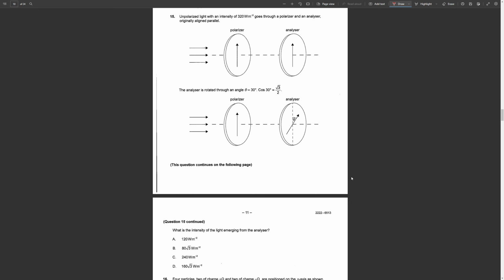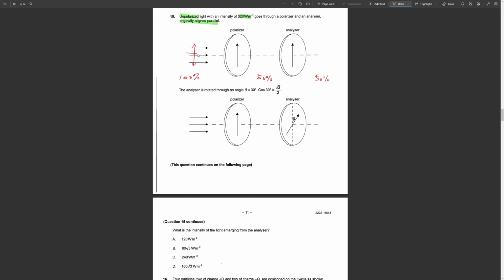In question 15, we have a question in polarization. The polarization begins with an unpolarized light with this intensity at first, and the two, polarizer and analyzer, were originally aligned in parallel, which means if there were 100% of intensity at first, then it will be 50% here and 50% over here.